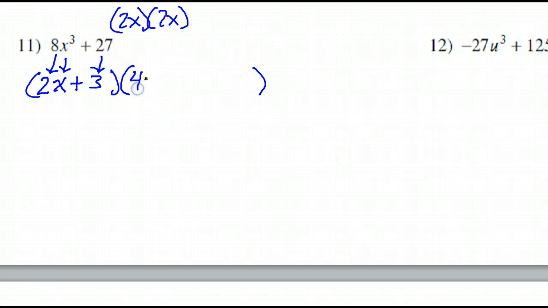That's going to give me 4x squared. Obviously, if I square 3, I'm going to get positive 9. If I multiply these together, that's going to give me 6x. And I will take the opposite sign. So that would be the answer for number 11.